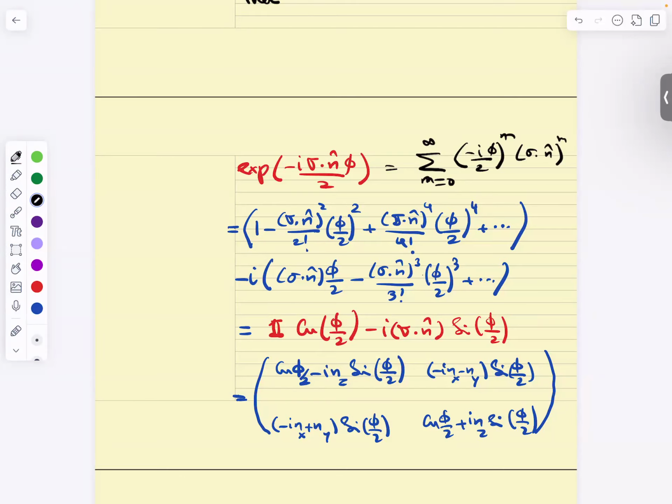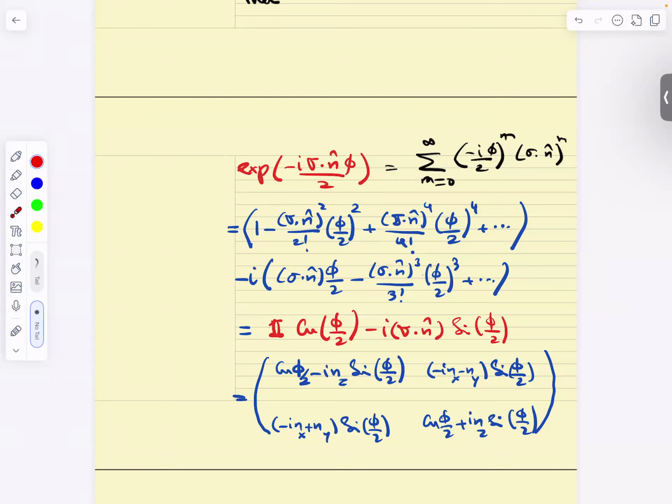So let's package, because we said that all the even powers are 1 and all the odd powers are sigma dot n. So let's pack together all the even powers and all the odd powers, right? So you get these two lines. Once you sum them up, you realize that this is the Taylor expansion of cosine, and this is the Taylor expansion of sine.